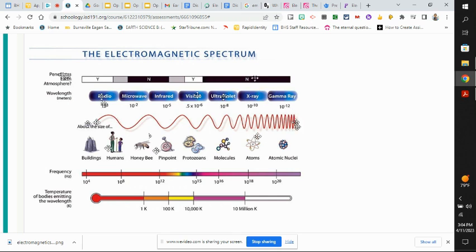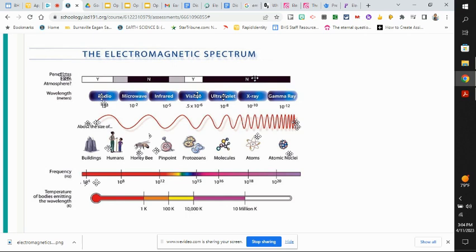We'll get to that. It shows different objects here that it would be about the size of. And then frequency in hertz. How many wavelengths pass a given point in a second?